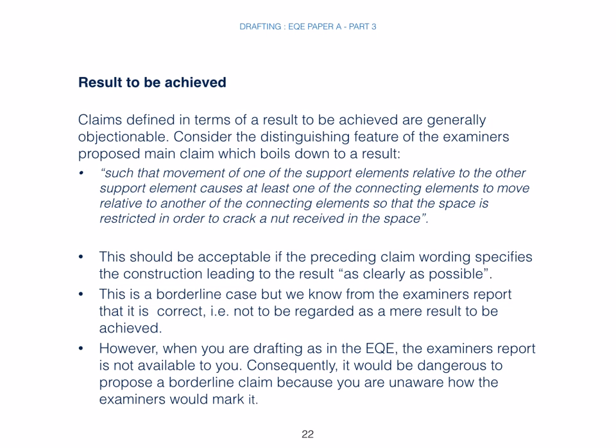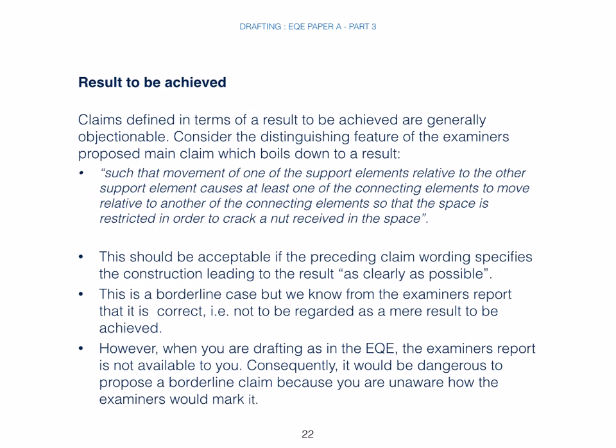But what you should realize is that the examiner's claim, again, is a borderline claim in this regard, and we only know from the examiner's report that they consider that this claim is to be accepted and not regarded as a mere result to be achieved.